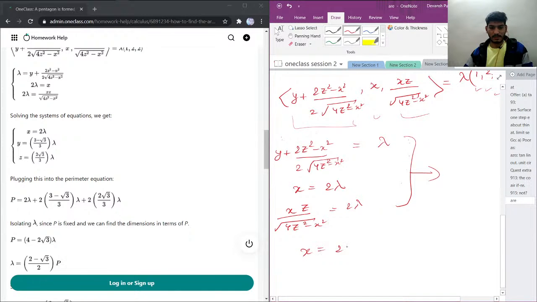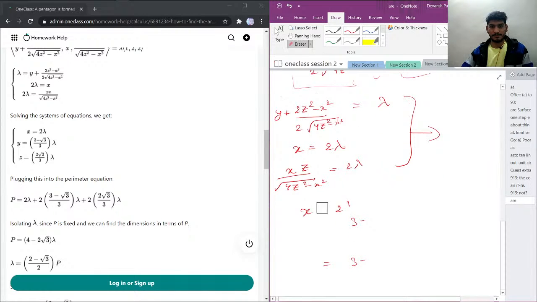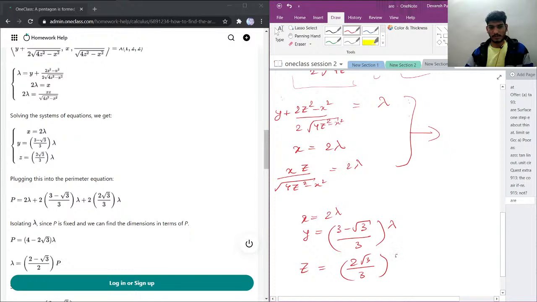So here we have x equal to 2 lambda, y equal to 3 minus root 3 over 3 lambda, z as 2 root 3 over 3 times lambda.